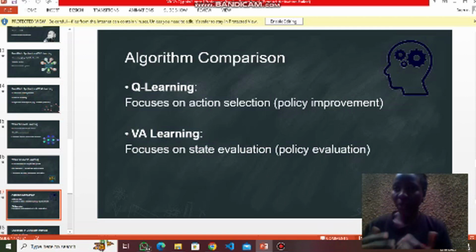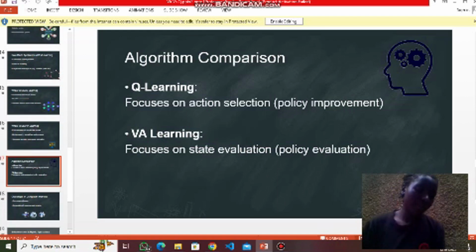Then for policy evaluation, we ensure that the agent goes ahead to evaluate the value and the policy, and thus detect whether the policy is good or not.